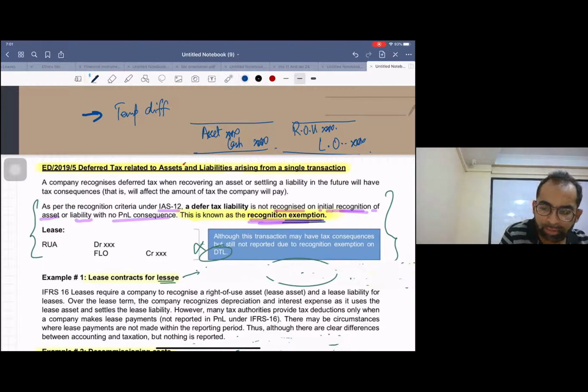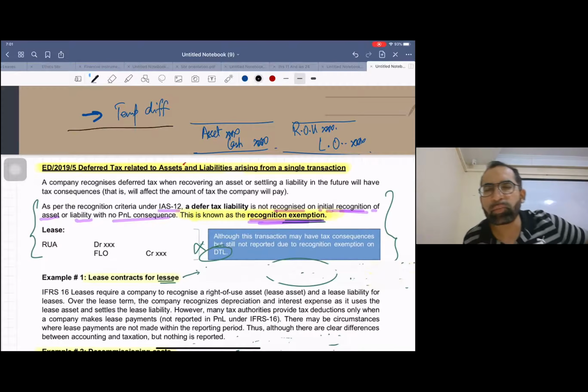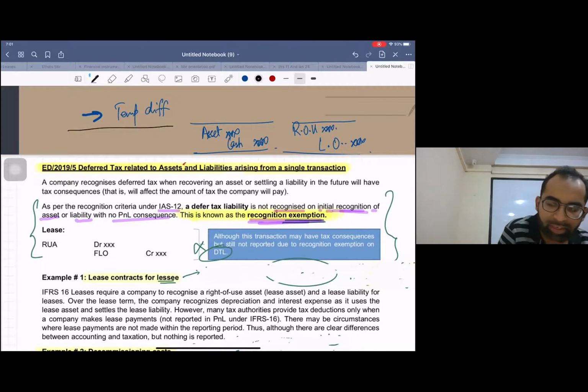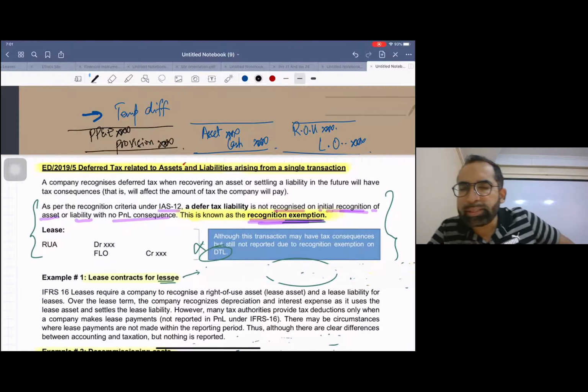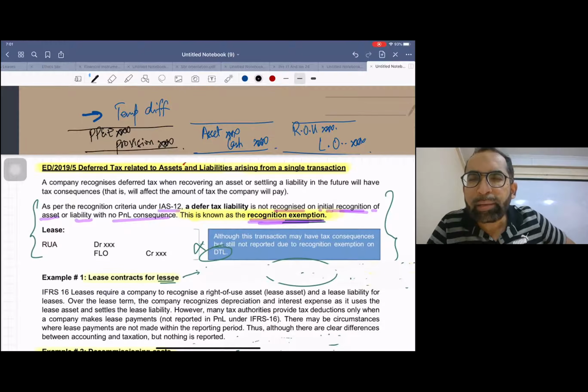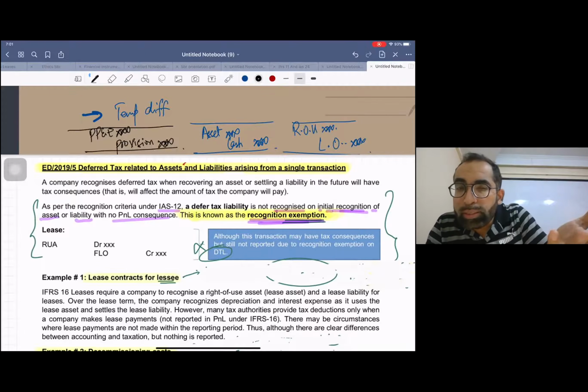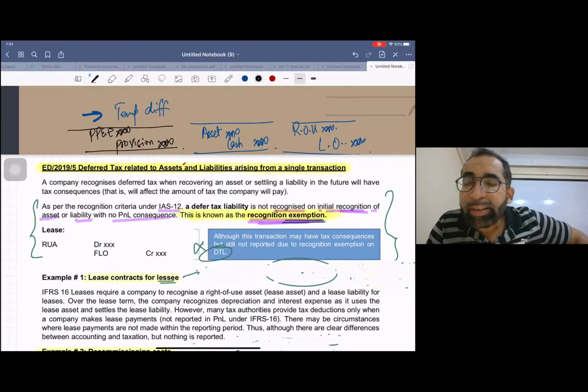So for example, in decommissioning liability, on day one, you used to make this entry: PPE debit and provision credit. If you see this entry, there is an asset on one side, that is PPE, and the liability, provision, on the other side.